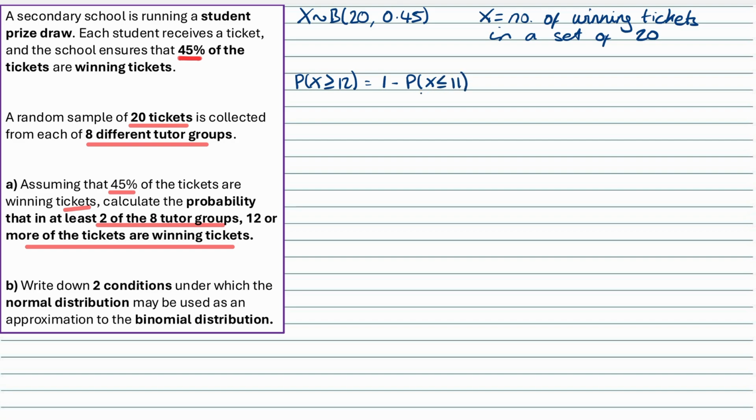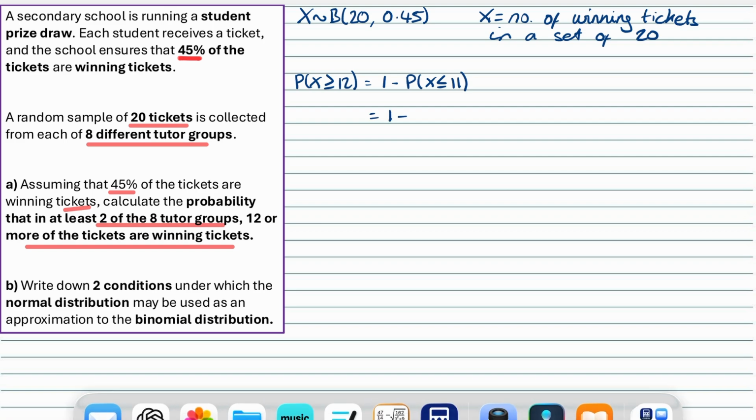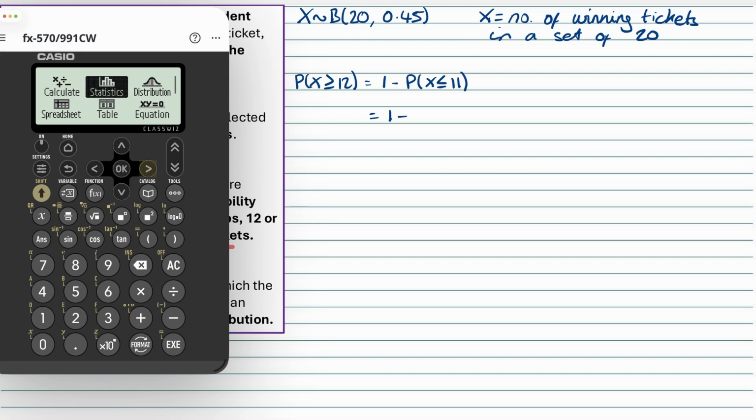And we can work this out on our calculators. So we'll have 1 minus. So if we go to our calculators, we want to choose distribution, and we want binomial CD. We'll choose variable. The X is 11. The number of trials is 20. And the probability of success is 0.45.